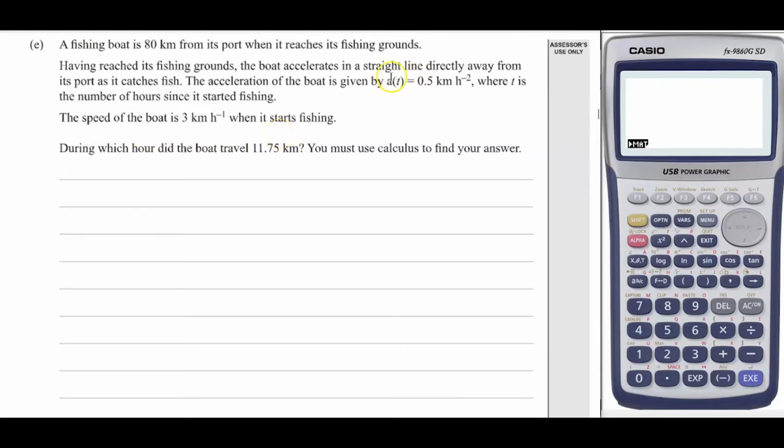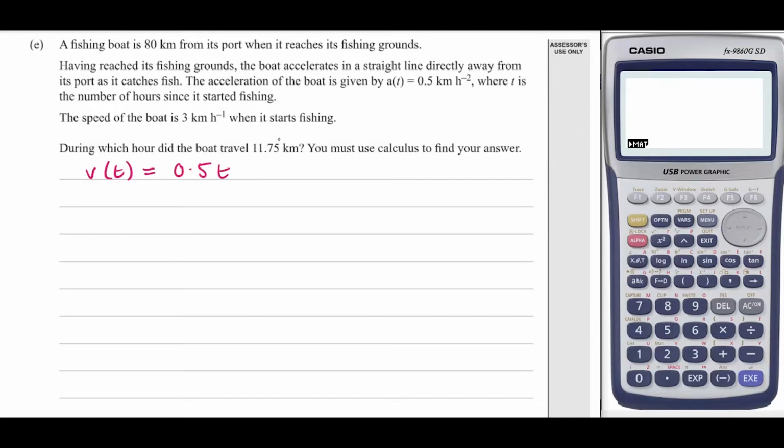Now our starting point is that we have the acceleration, and where we want to get to is a distance, so we can work out what the t value is for this distance. So first of all, we're going to need to step through to the equation for speed, so that's the velocity equation, and we're going to integrate the acceleration to get the velocity.